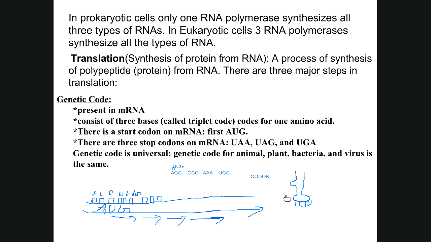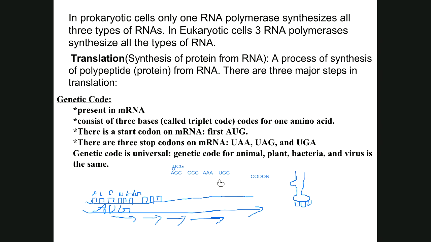Now this codon, from these 4 nucleotides we can make a million different codons. It does not necessarily mean that it should always be GCC. It can be any three nucleotides that make one codon.